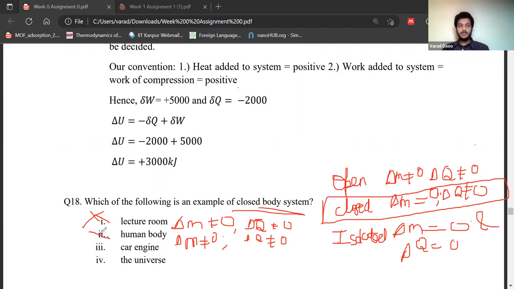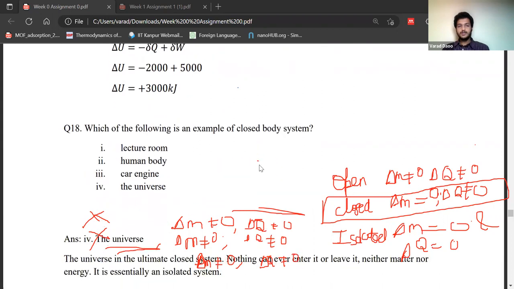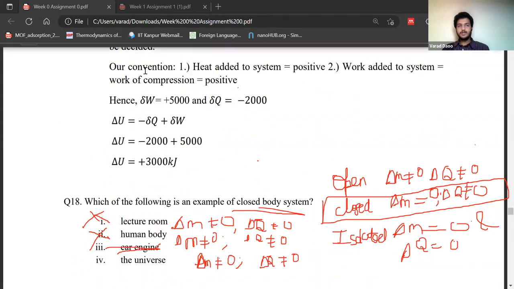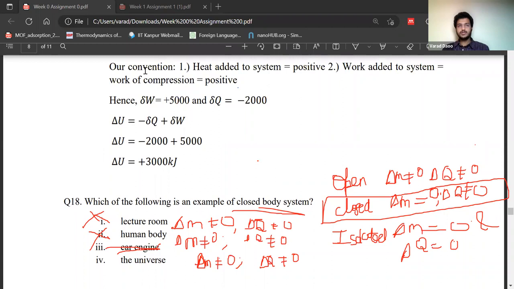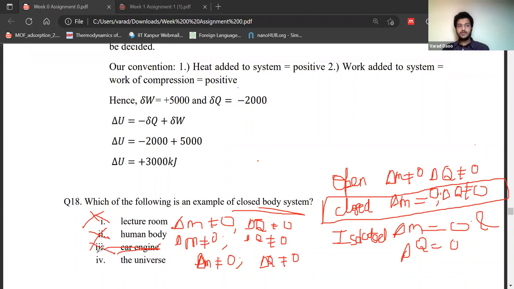This is an example of open system. So car engine, delta M is not equal to 0, and delta Q also not equal to 0, right? That means this is also not a closed system.